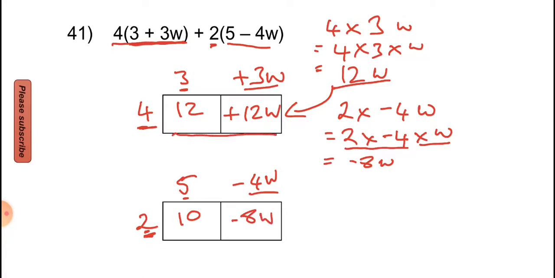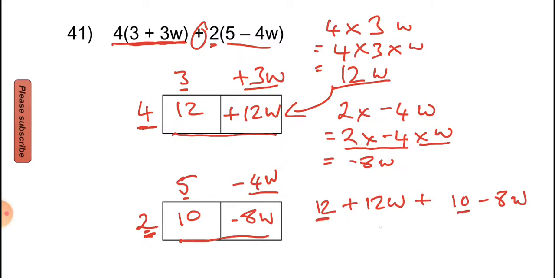So when we expanded the first bracket, we've got 12 plus 12w, and now the second bracket we get 10 minus 8w, and because of the plus sign we'll put plus here.